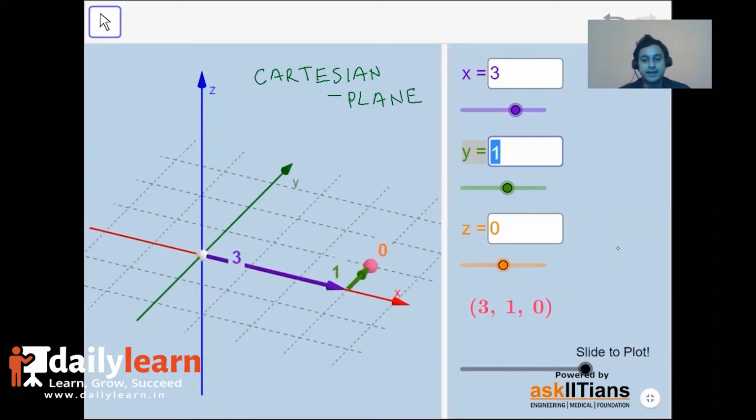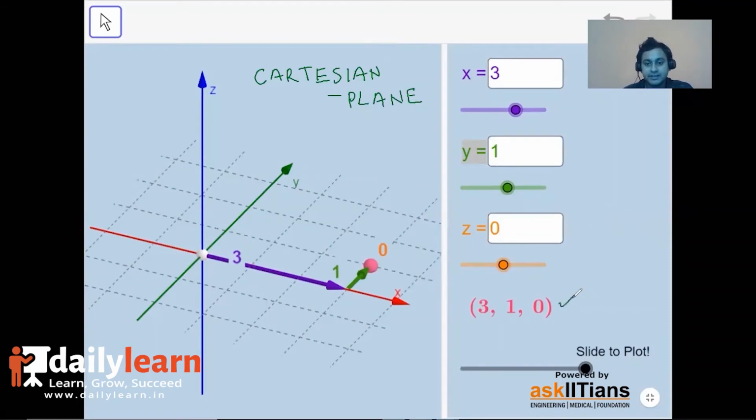As you can see guys, here at the bottom the coordinates have changed. This is denoting the coordinate of the point. This pink color is now showing the point. Here we are actually here. Now guys, how did we reach there? We traveled 3 units in the x direction and then 1 unit on the y-axis.